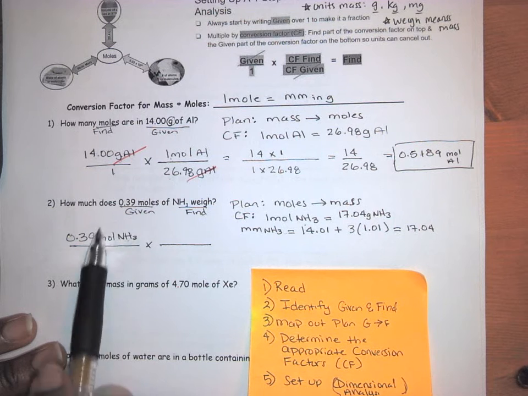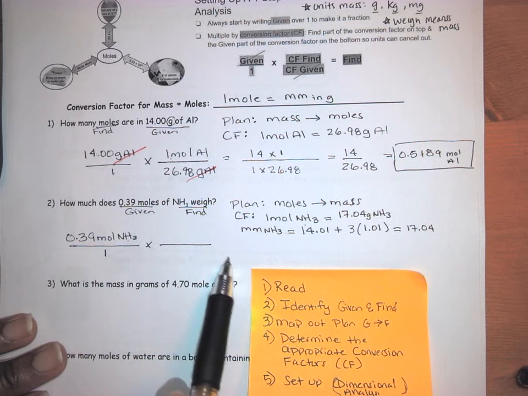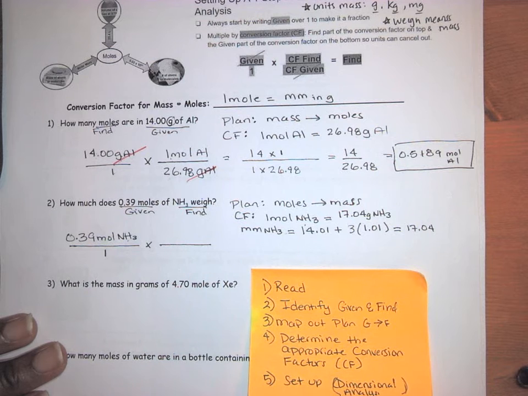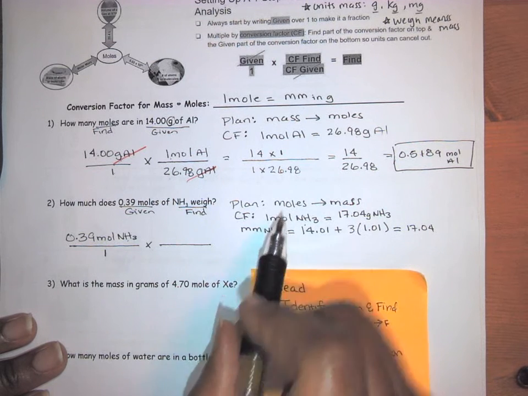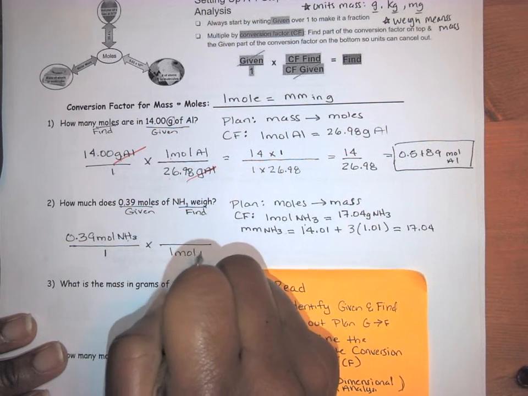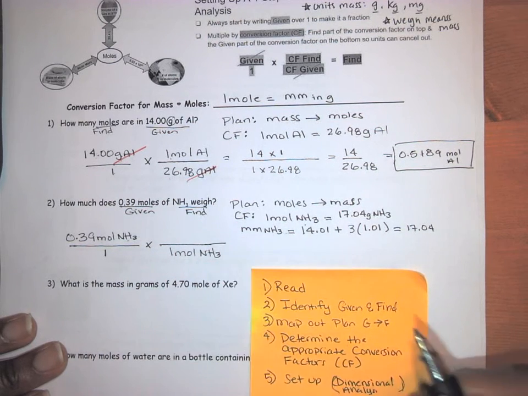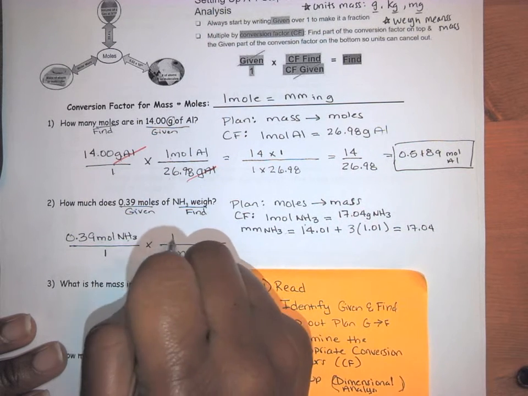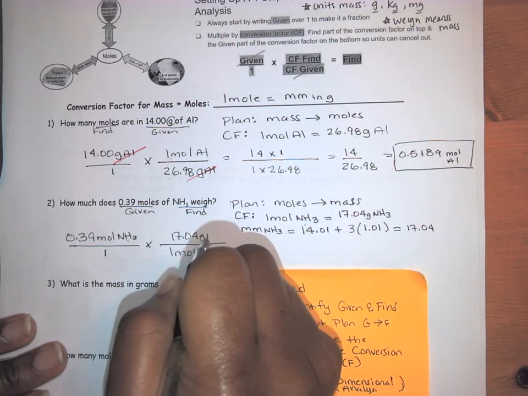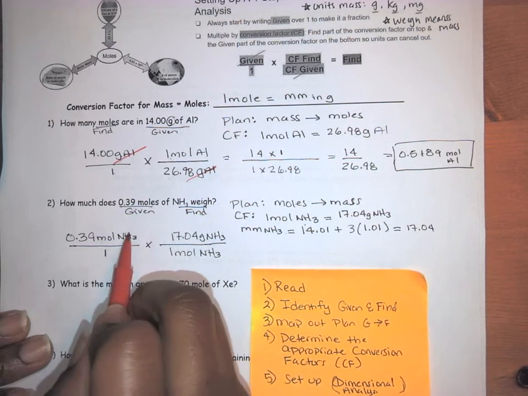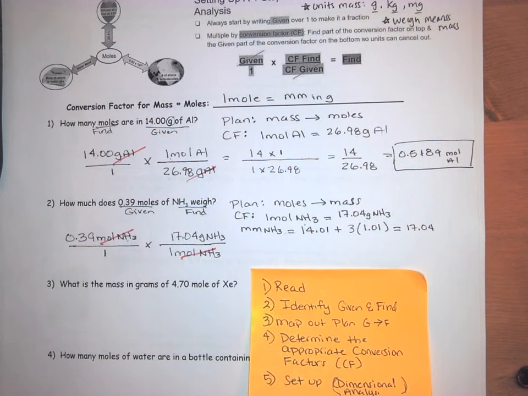Since it's in the numerator in our given, it has to be in the denominator, the bottom of the conversion factor fraction. So the part of the conversion factor that has moles of NH3 is this 1 mole of NH3. I'm going to put 1 mole NH3 on the bottom. On top would go what's left, the 17.04 grams of NH3, which is our find, so that's good because we'll get to keep that. And since these are opposite, whoosh, whoosh, we can take those out.